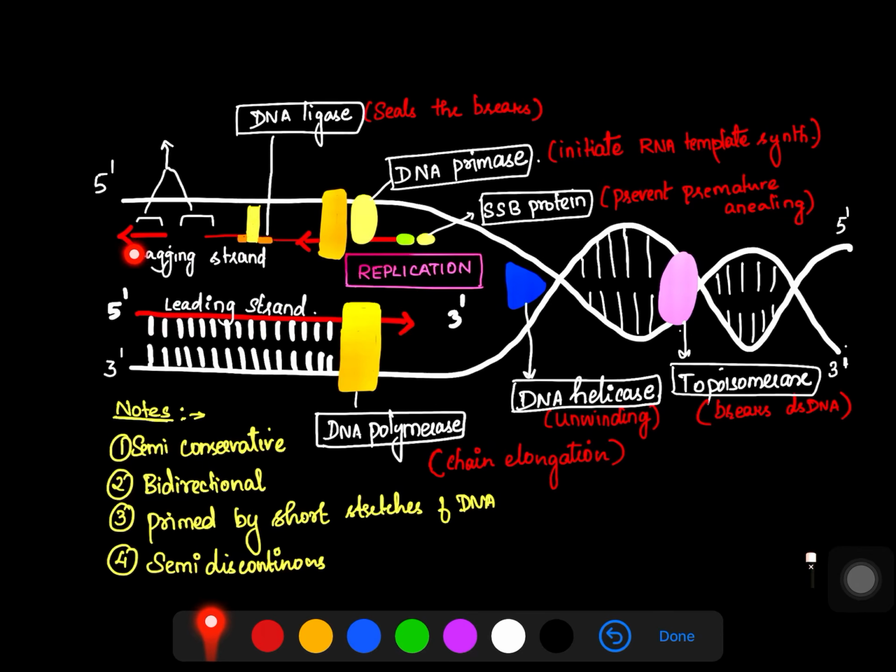If the strand synthesis is along the direction of the replication fork, it is called the leading strand, a continuous strand. If the strand synthesis is opposite to the direction of the replication fork, it is called the lagging strand.